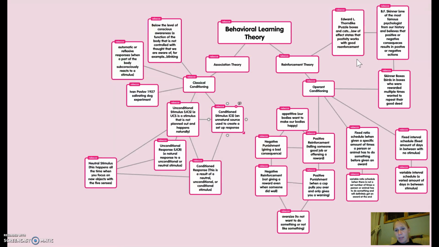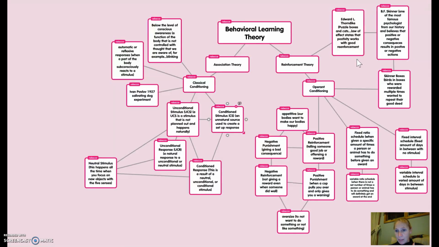The only way they could get out was if they manipulated something he set up inside the box in order to open the door. Eventually the cats figured out that if they pressed a certain button or pulled on a certain string, the door would open. And then Skinner, he did boxes as well.